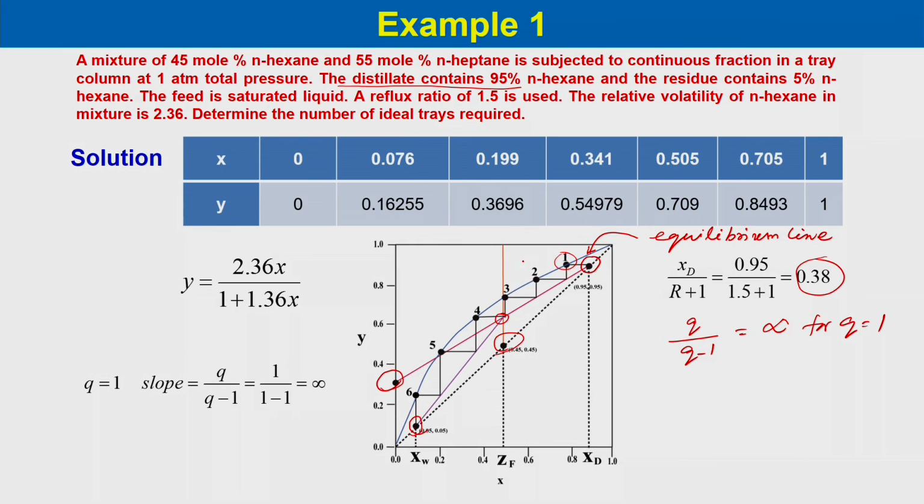So, this will give the first stage and then go vertically to the operating line, and then horizontally this will give stage 2, and in a similar way if we proceed with the staircase arrangement, we will obtain about 6 ideal trays required for this separation.